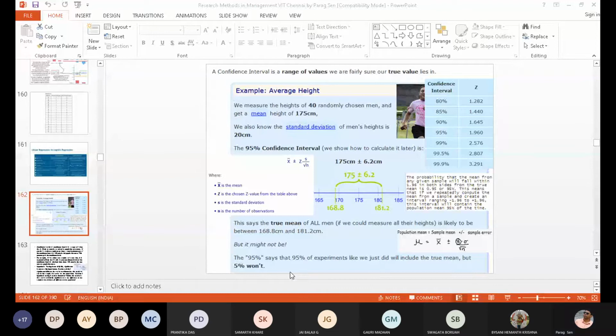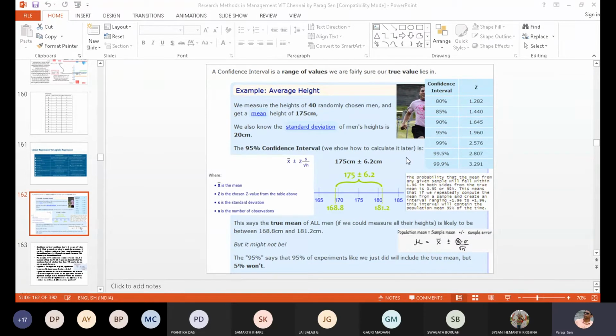So understand the way the experiment has been conducted. If we conduct such a test, and again select, suppose, 40 randomly chosen men and take the data from them, then you will get some other value of the mean, and some other standard deviation.